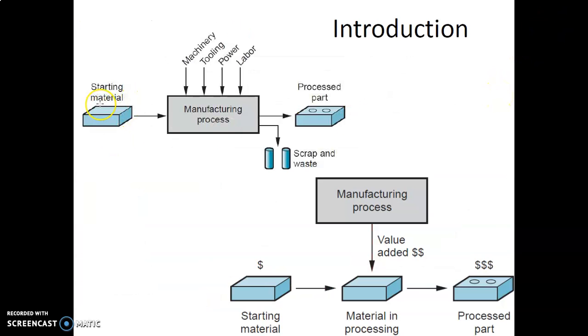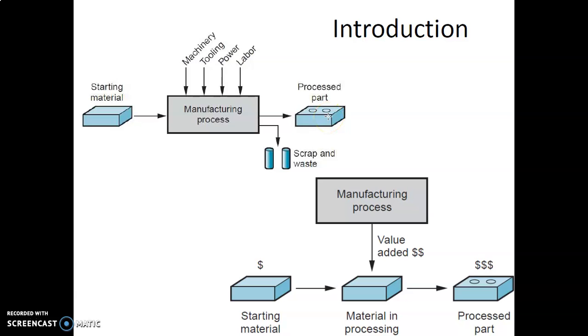So here you can see it is indicated as the starting material. Here I have one block which is rectangular with some thickness. Basically it's a cubical block, and I want to make two holes, and this is my final component.